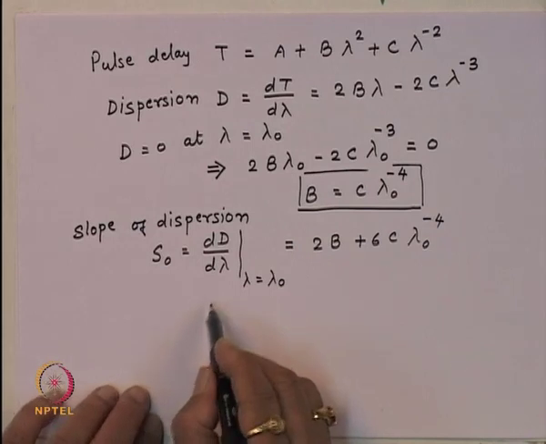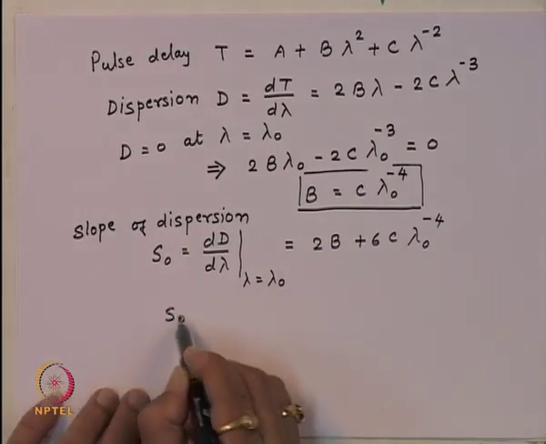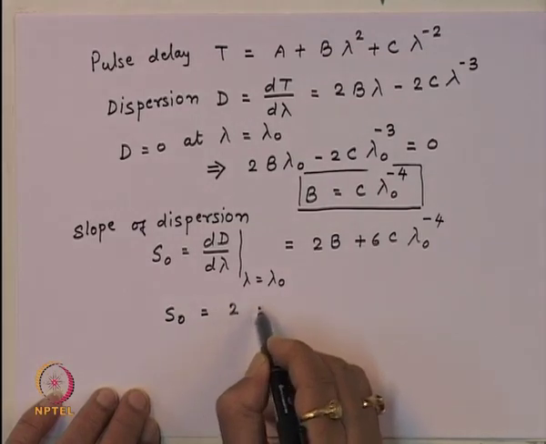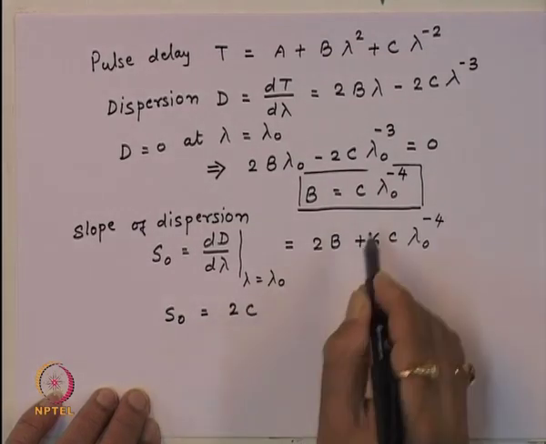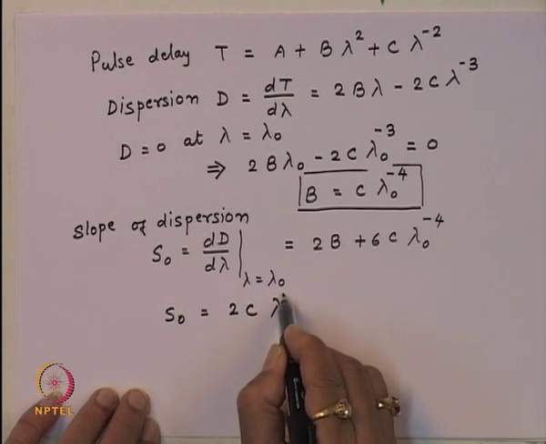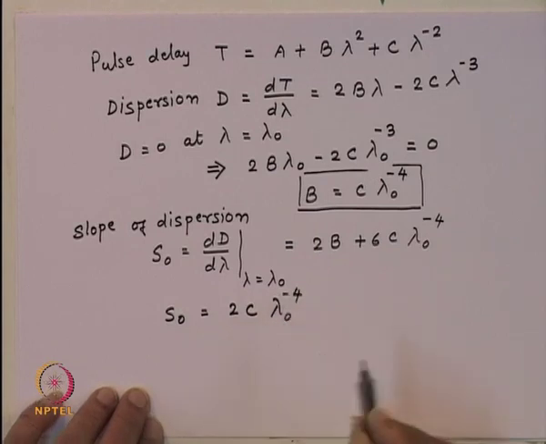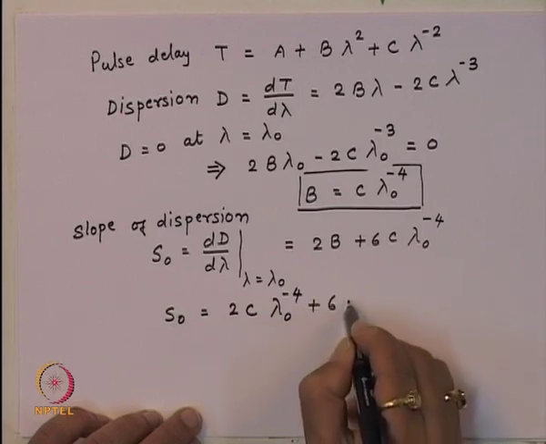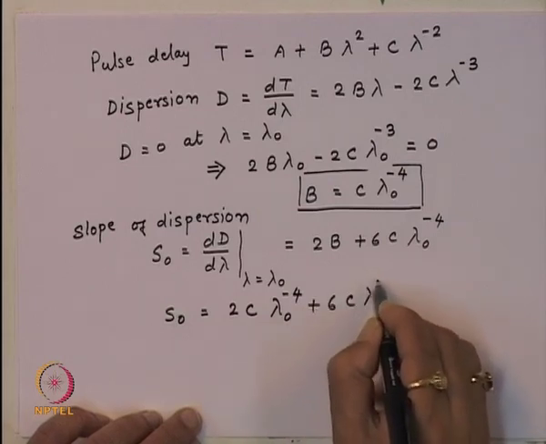So, from here I will get S naught is equal to 2 c lambda to the power minus 4 plus 6 c lambda naught to the power minus 4.